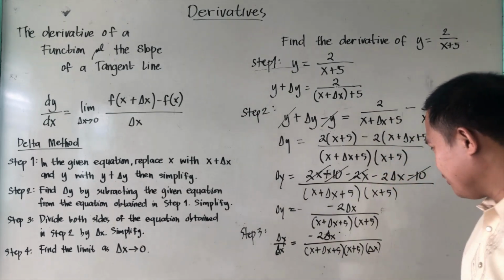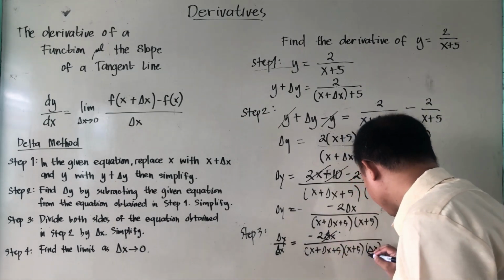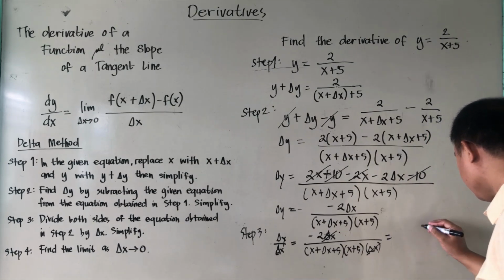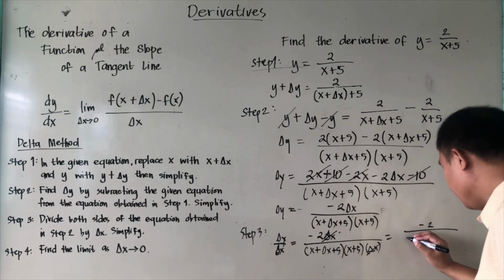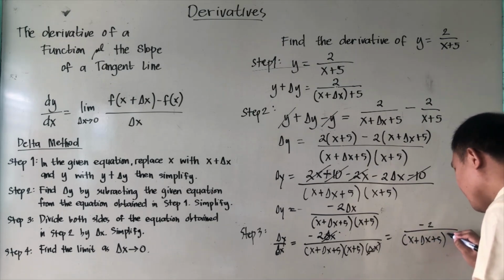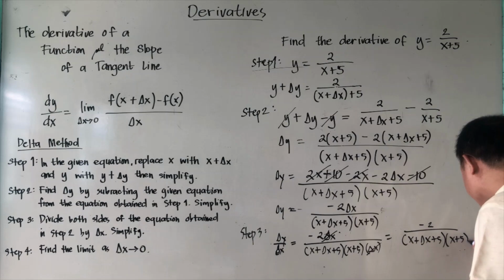So we have to simplify this. Cancel it out. We have negative 2 over x plus delta x plus 5 times x plus 5.